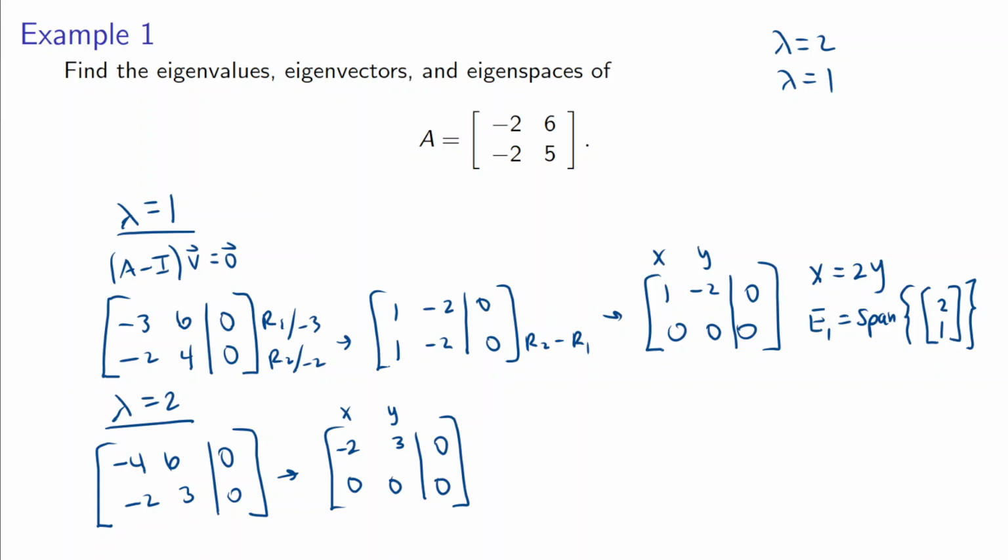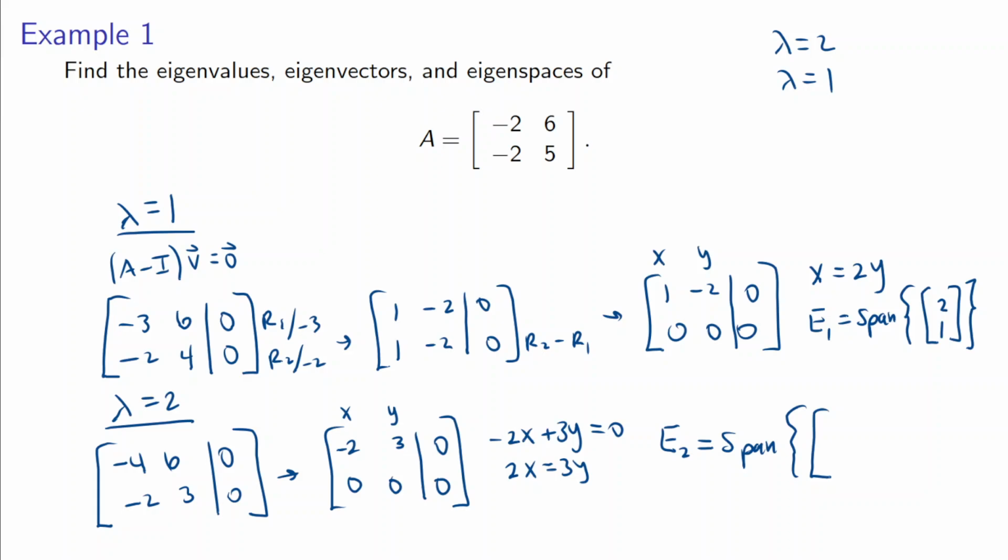What do we have? We have that -2x plus 3y has to equal 0. So as long as 2x equals 3y, we've got eigenvectors corresponding to the eigenvalue of 2. So we might write E sub 2 is going to be the span of any vectors of this form.